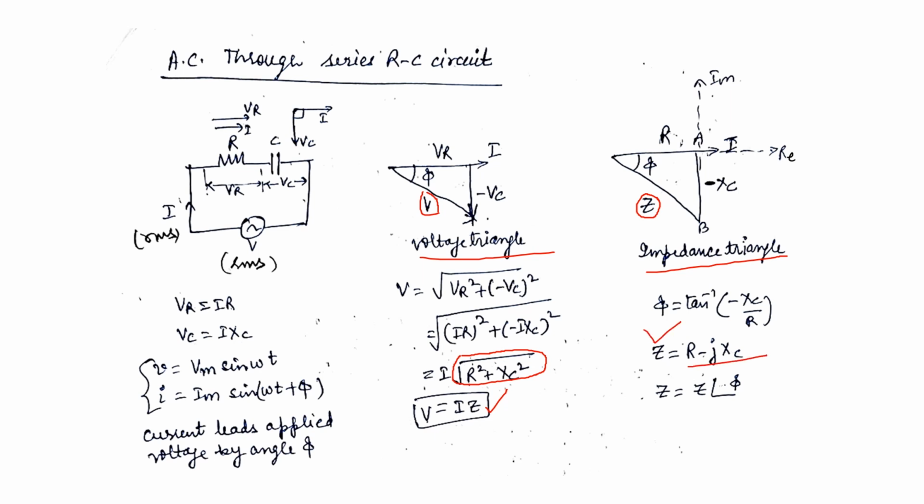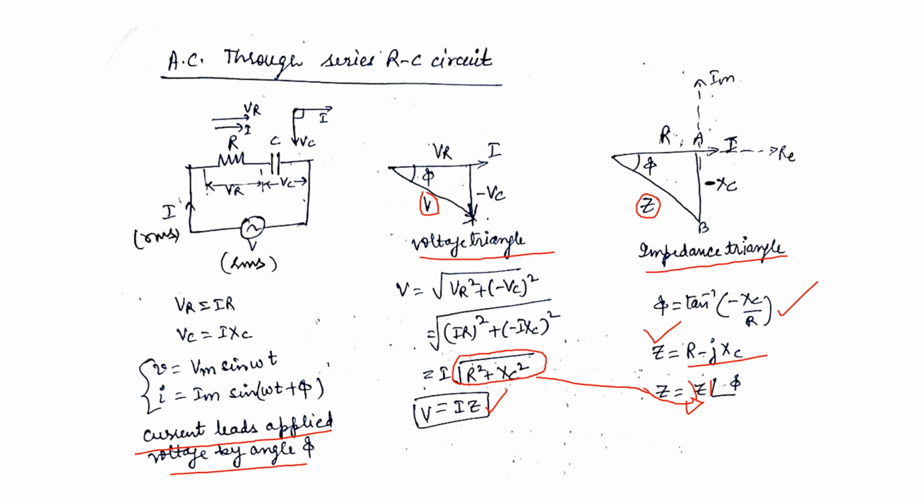The angle phi can be written as tan inverse of minus XC upon R. In the polar form, Z can be represented as the magnitude of Z and the angle phi, where the magnitude is given by this expression. So we have Z angle phi. Here we can see that the current leads the applied voltage by angle phi.